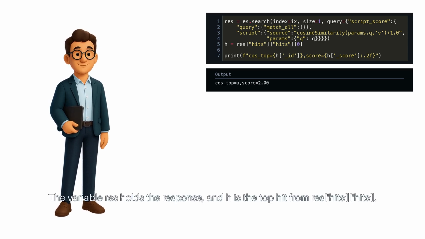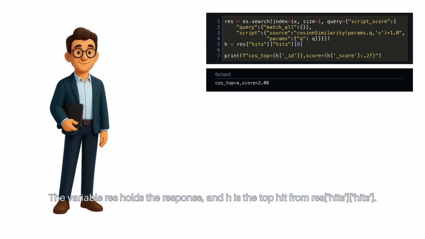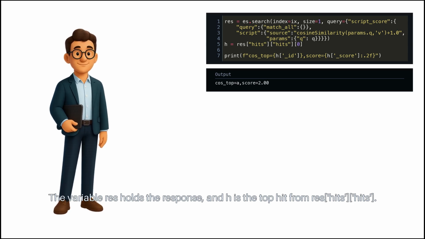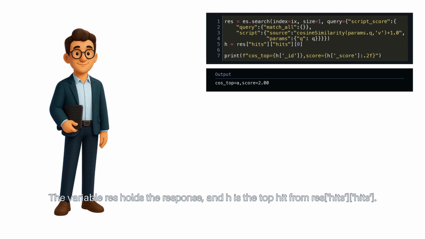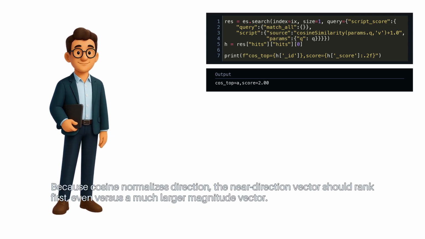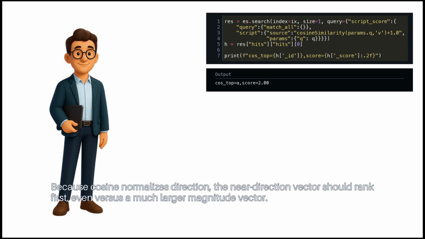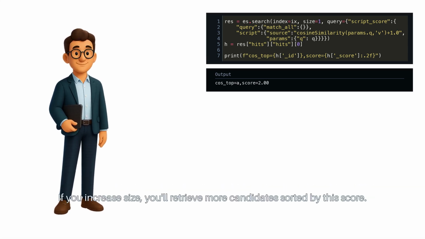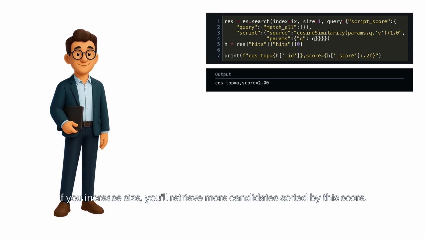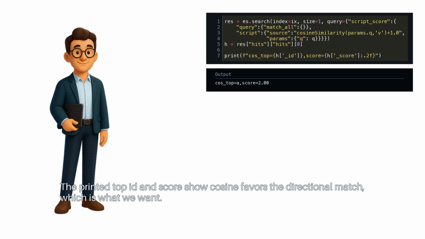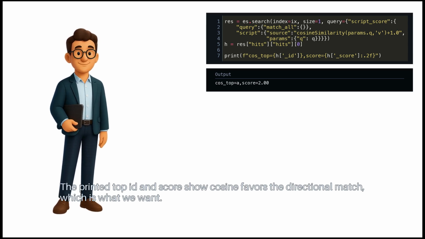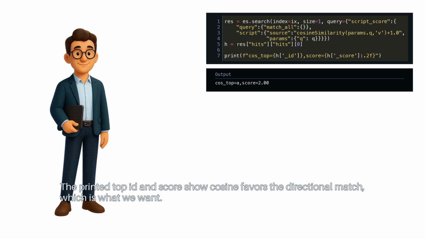The variable res holds the response, and h is the top hit from res hits. Because cosine normalizes direction, the near direction vector should rank first, even versus a much larger magnitude vector. If you increase size, you'll retrieve more candidates sorted by this score. The printed top ID and score show cosine favors the directional match, which is what we want.